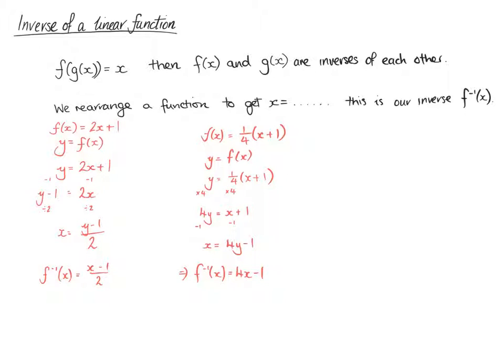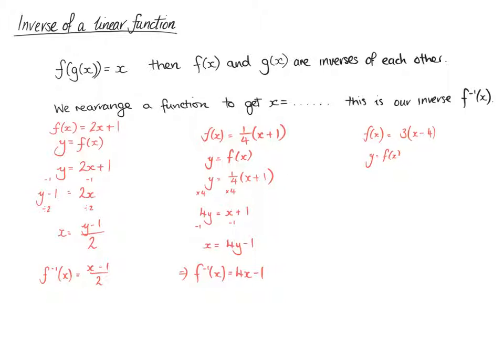Let's do one last one here. We'll have f of x is equal to 3 bracket x minus 4. Again, it's y equals f of x. There's two options here.